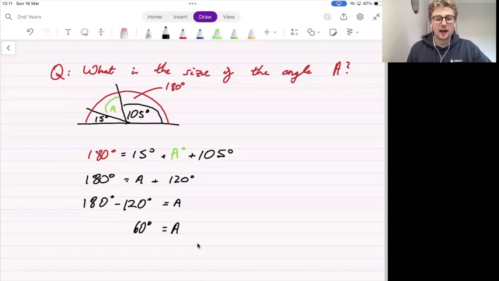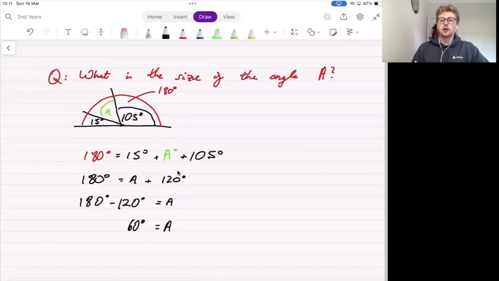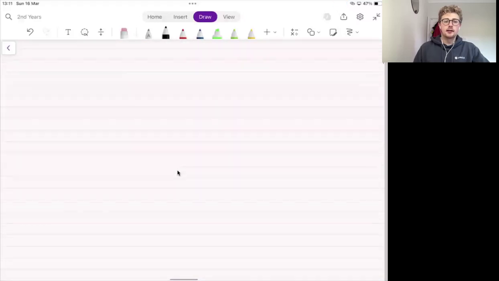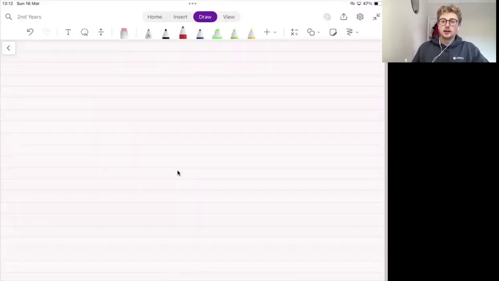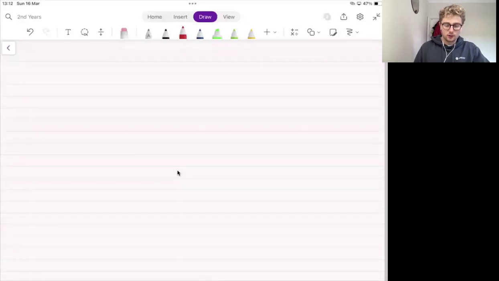All right, so we have A to be 60 degrees. Okay, just before we go on, actually, any questions there? Great, let's do one more on the straight angle being 180.